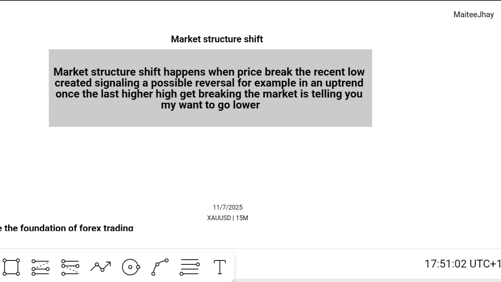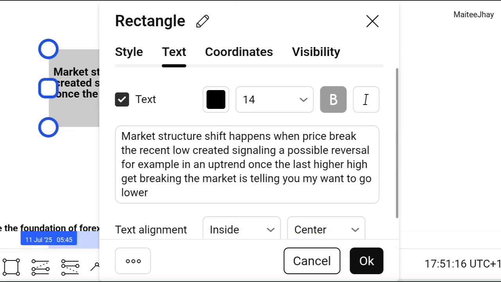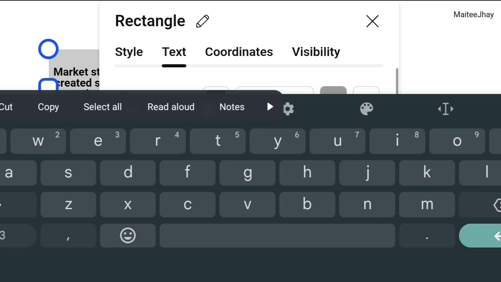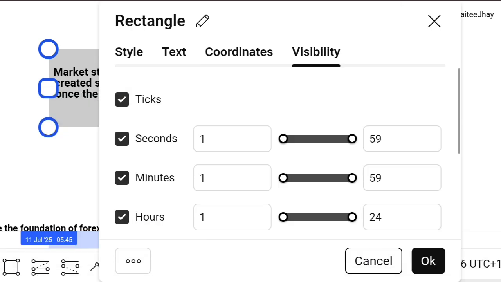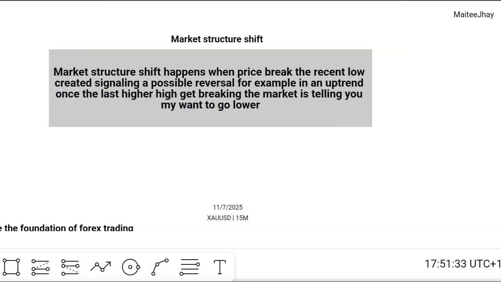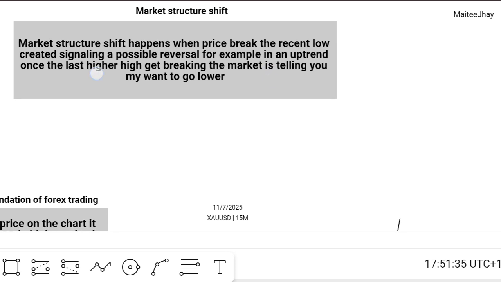For example, in an uptrend, once the last higher low gets broken, the market is telling you it wants to go lower. So here is a higher low, here is a higher low, here is a higher low.